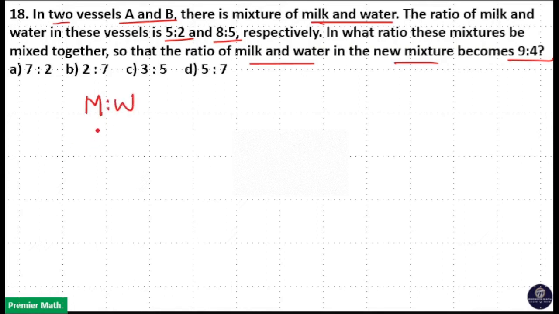In the first vessel, it is in 5:2 ratio. In the second vessel, it is in 8:5 ratio. After mixing the first and second vessels, there will be a new mixture that contains milk and water in the ratio 9:4. So we need to find out in which ratio vessel 1 and vessel 2 should mix to get the 9:4 ratio in the final mixture.